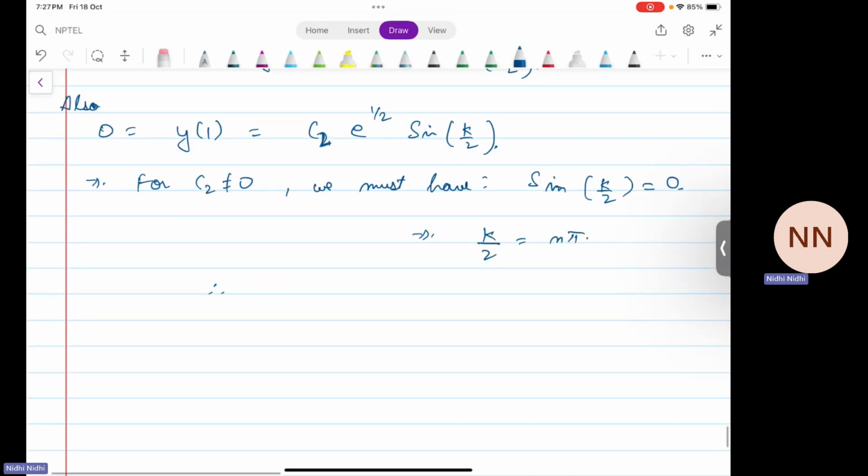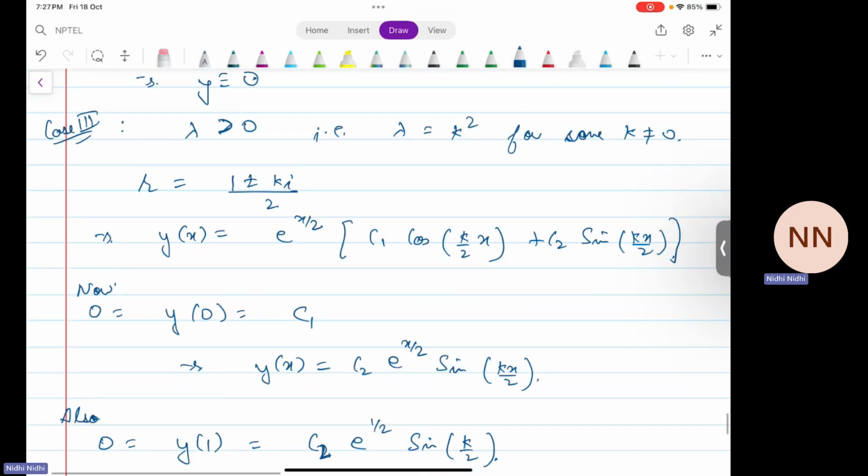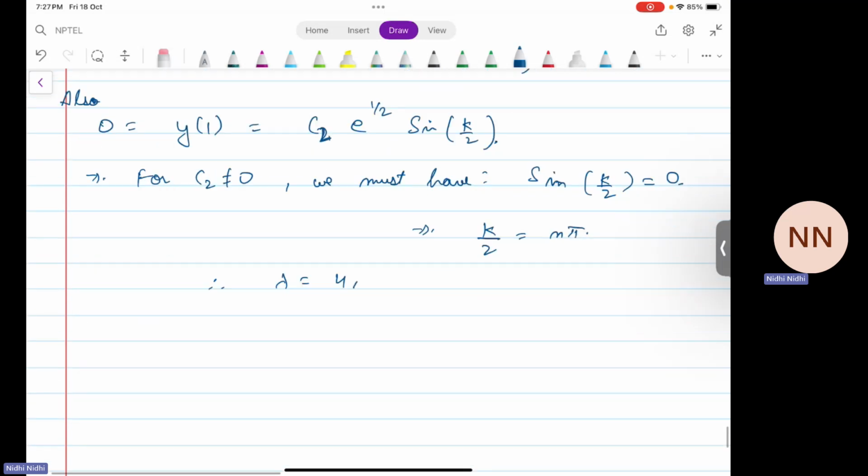So therefore, we get lambda equal to k square, which is 4 n square pi square. Since it depends on n, I'll write it as lambda n.